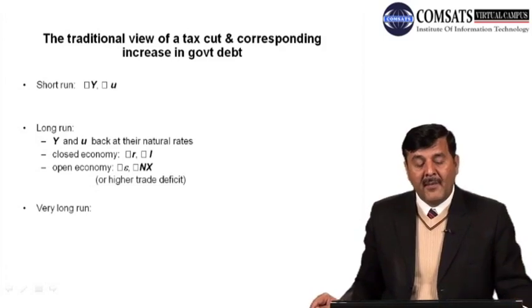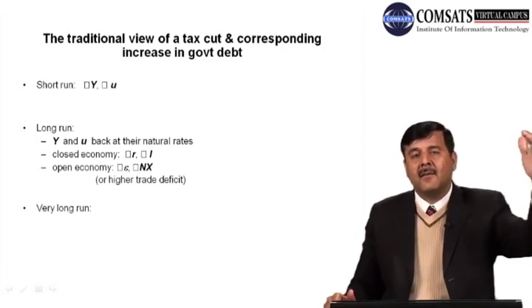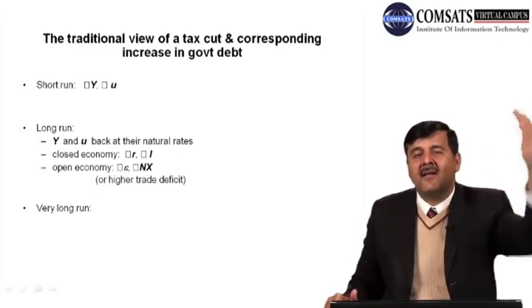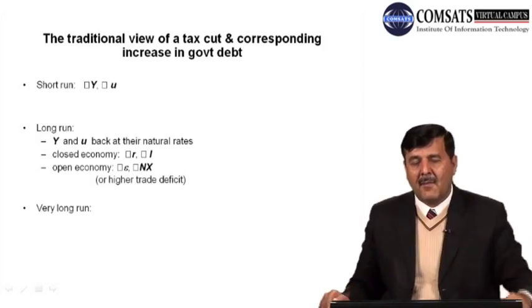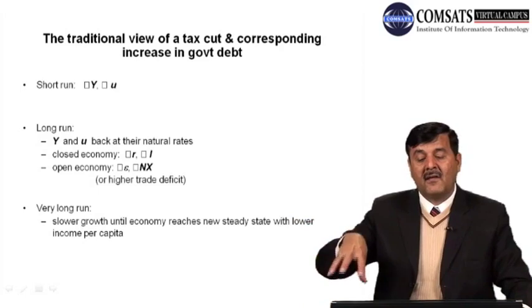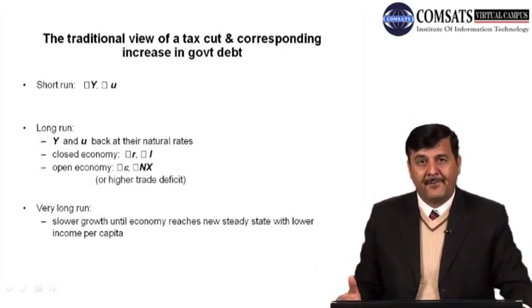So what will happen in the very long run? If we talk about an even longer run, beyond the long run we just discussed, what will happen? Slow growth until the economy reaches a new steady state with lower income per capita, right.